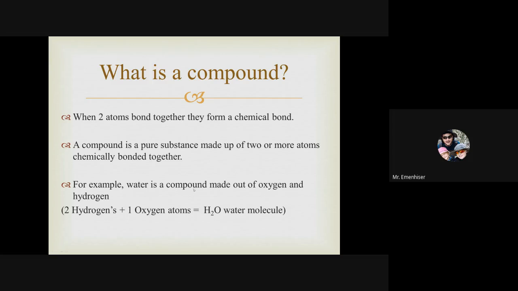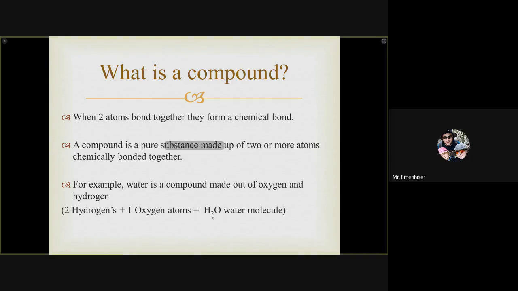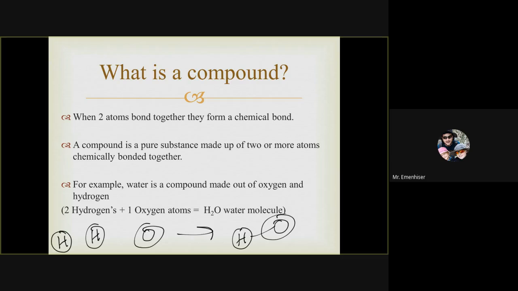For example, water is a compound made out of oxygen and hydrogen. These are two elements. So you take two hydrogens, you take one oxygen, you put them together, and you get H2O. You get this molecule, and this is actually the shape of water. And so we can draw the Lewis structure for water.